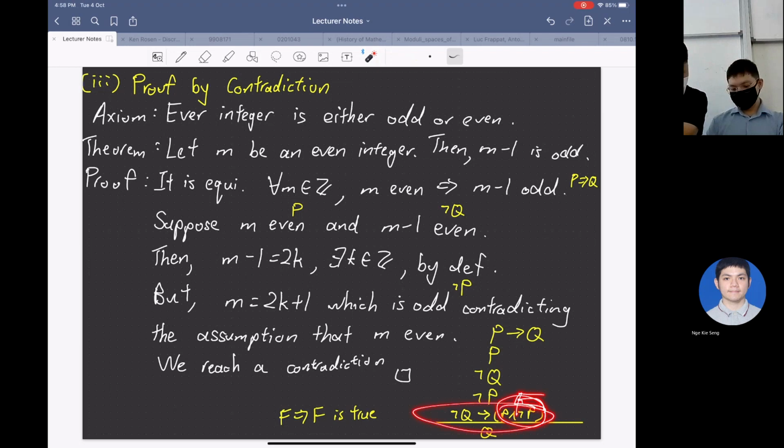But this one has to be true, right? False implies false is true. So this has to be false.